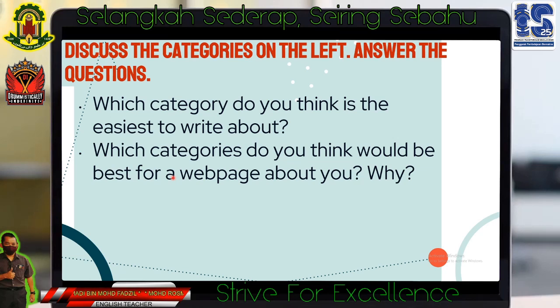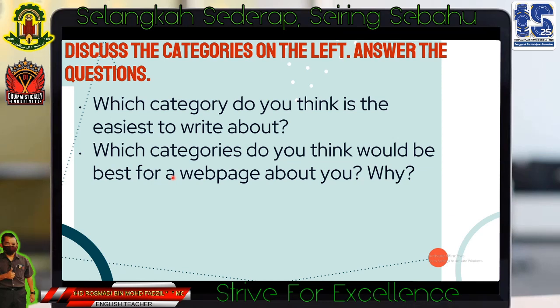Okay. Contohnya, ni jawapan saya. I will say my interest. I will choose my interest because, what should I say? Okay, I have a lot of interest. Saya pilih my interest, because my reason is I have a lot of interest.